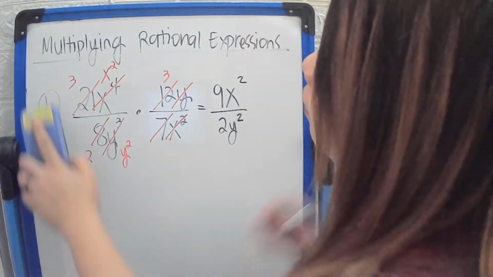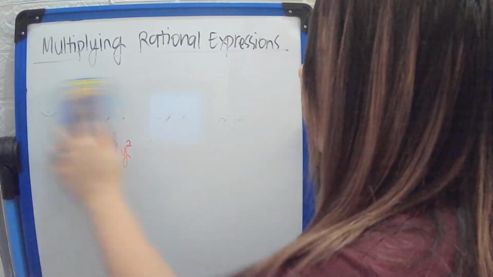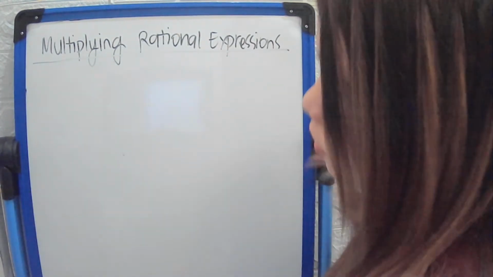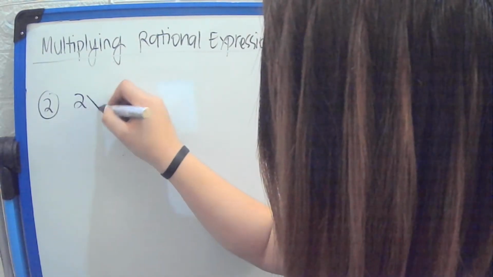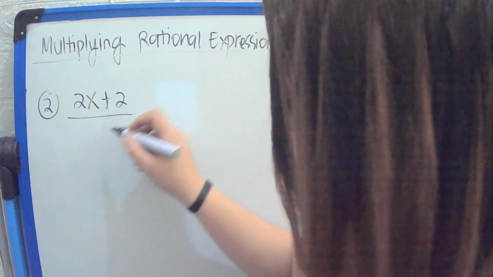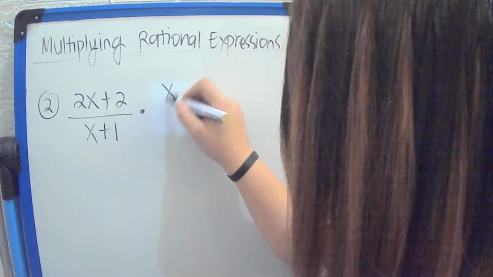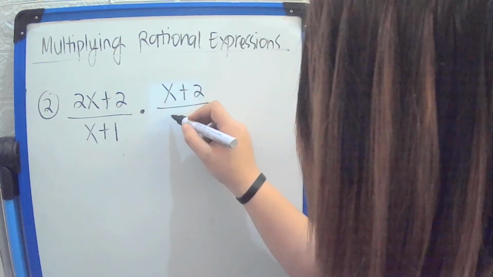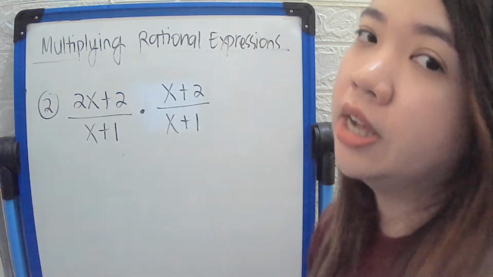So what if you're given binomials already? For example, I have here 2x plus 2 all over x plus 1 multiplied by x plus 2 over x plus 1.